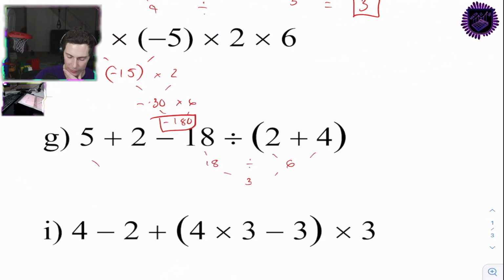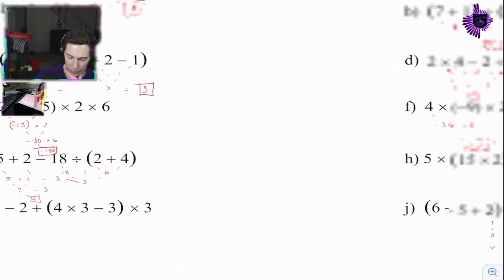Then we have these two drop down. 5 plus 2 minus 3. And then 7 minus 3. 4. Answer is 4.